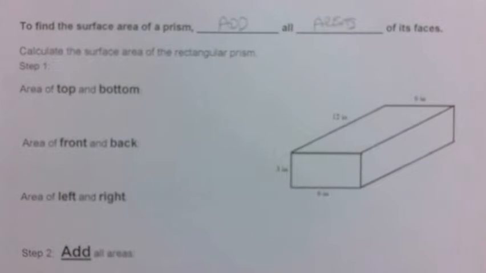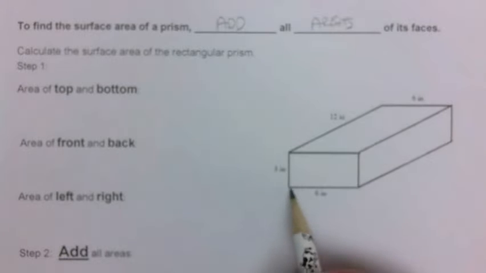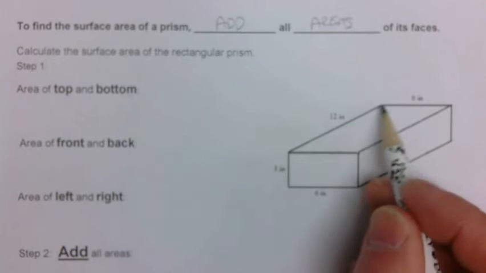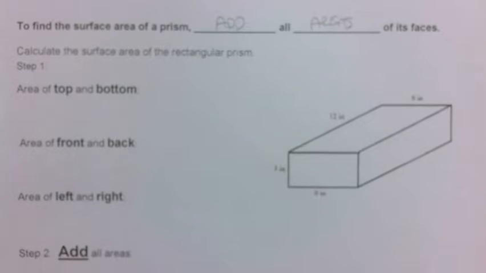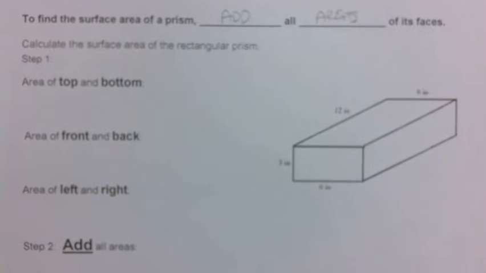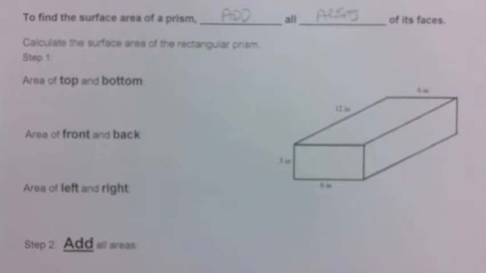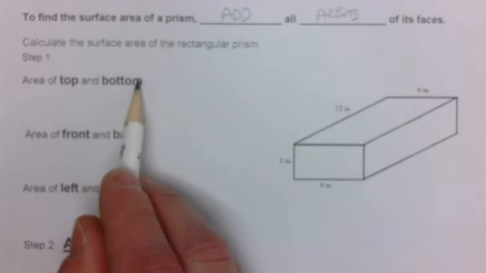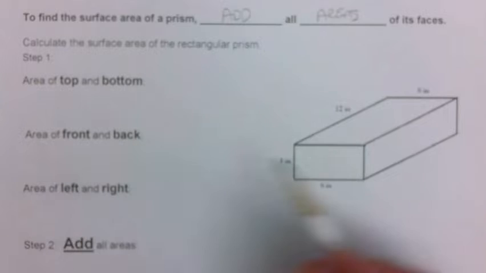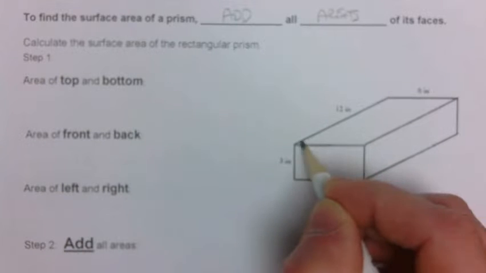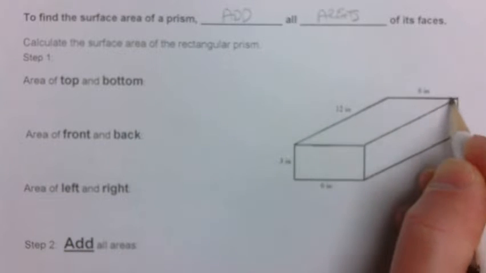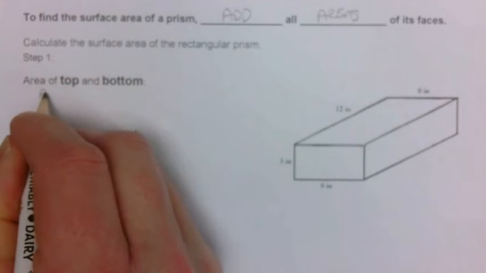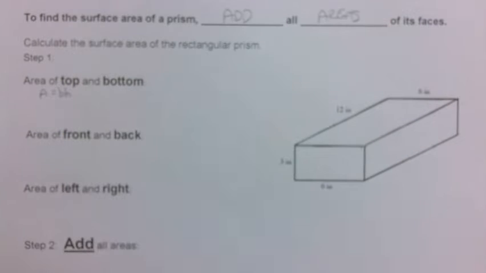I can see here that it has dimensions of 6 inches by 3 inches by 12 inches. I need to figure out the area of each face of this rectangular prism, and I'm going to start with the top and the bottom faces. The top and the bottom are congruent to each other. Here is the top face, and it's in the shape of a rectangle. To find the area, I'm going to do area equals base times height.